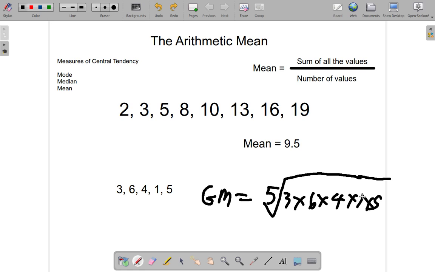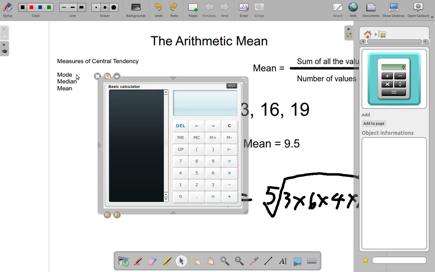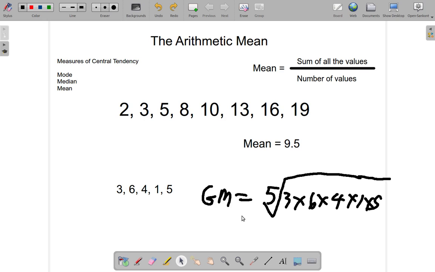The geometric mean, the number of values, you take that root of the numbers multiplied. So that's the difference. That's the geometric mean. Can we work this out? My calculator here doesn't have the features that can give you a fifth root. So let's use another calculator.